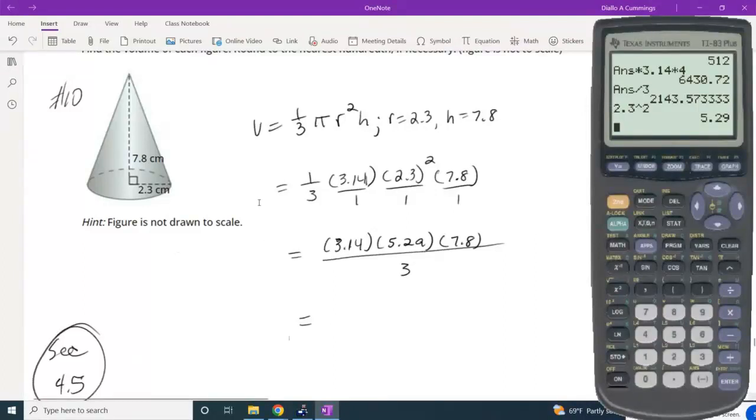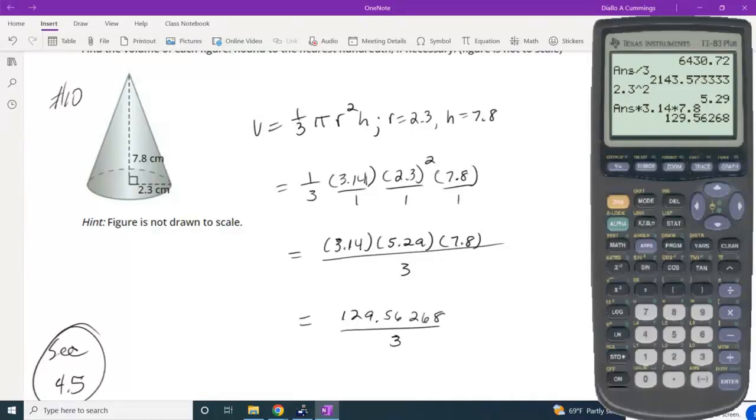So if we simplify the numerator, 3.14 times 5.29 times 7.8 gives us 129.56268. All right, divided by 3.